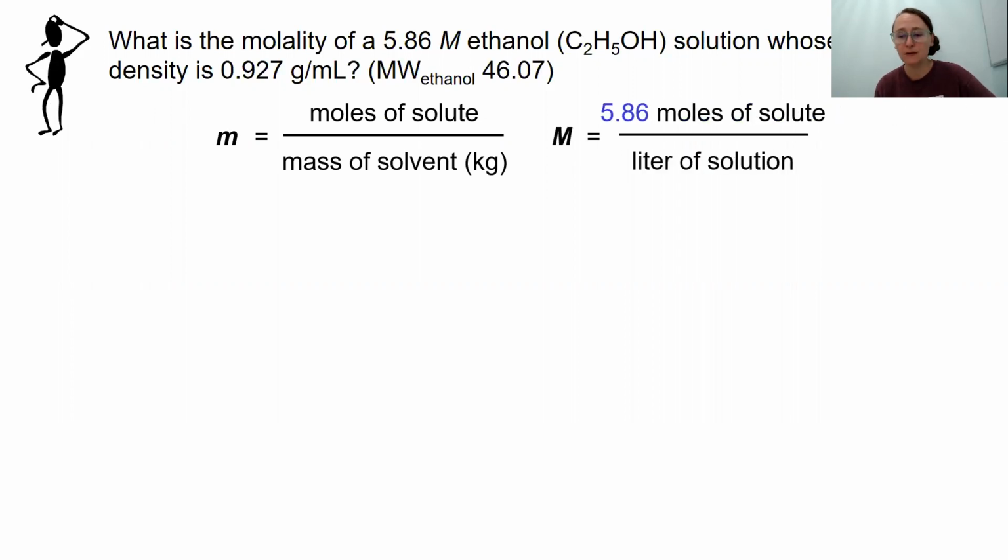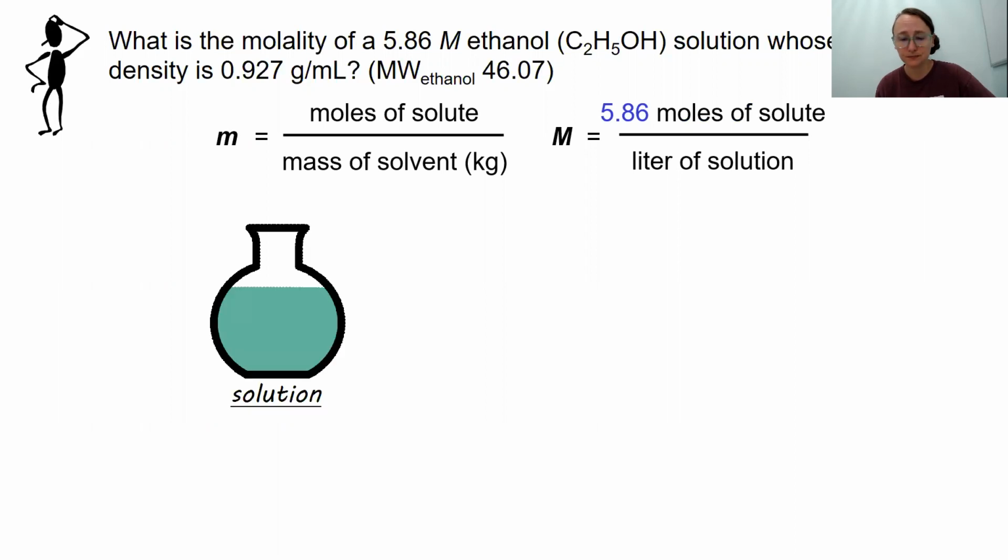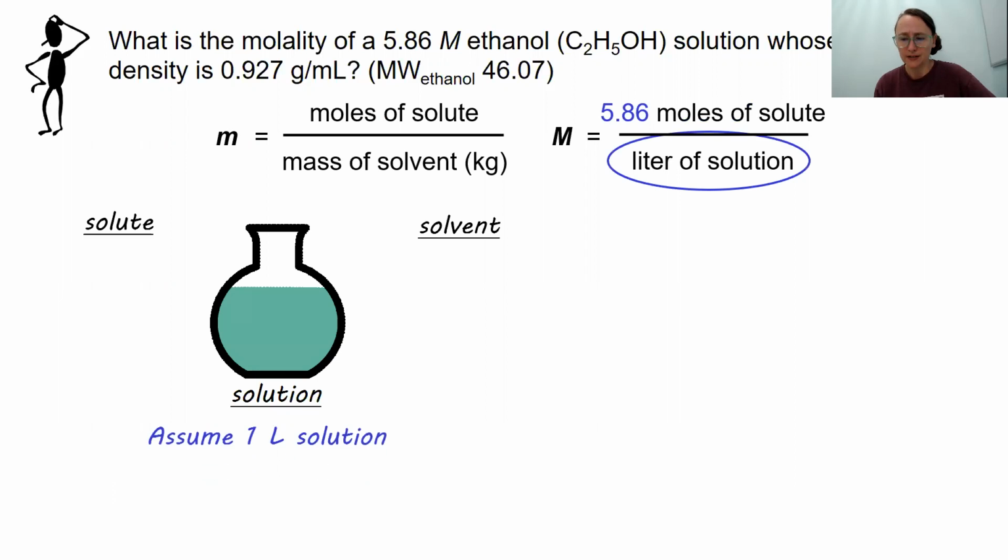And we are given the molarity, which means we have 5.86 moles of solute per liter of solution, is how that can be interpreted. All right, so let's look at our components. We have our solution. We want to figure out pieces of solute and solvent. So we have the definition of molarity.